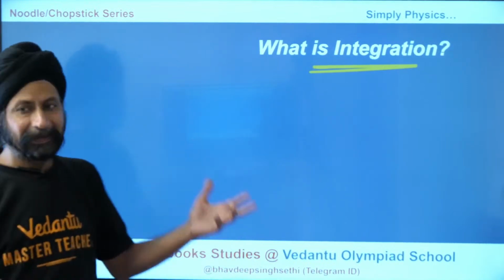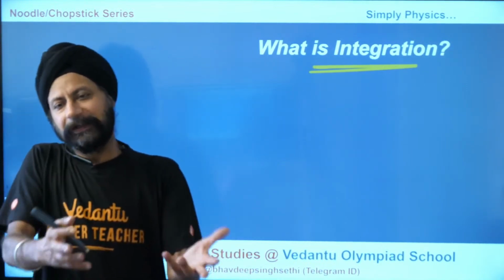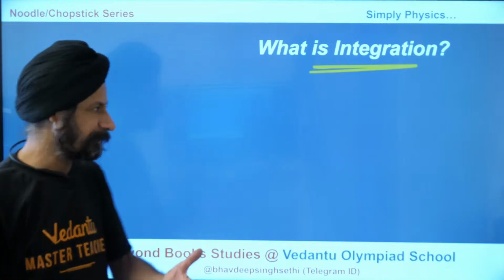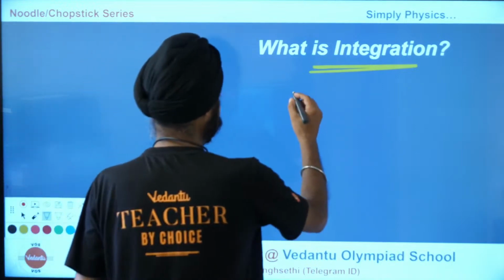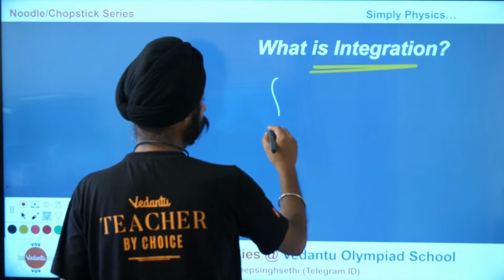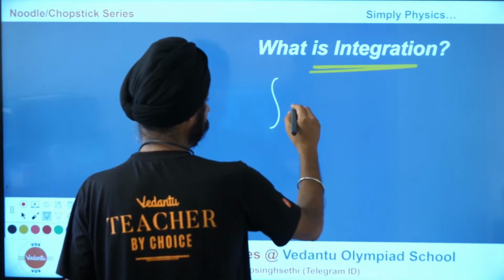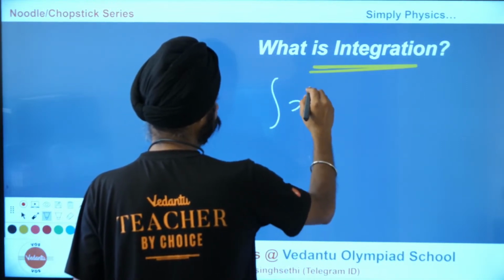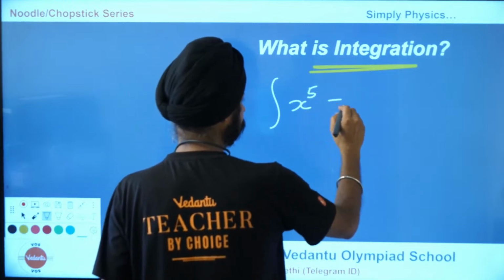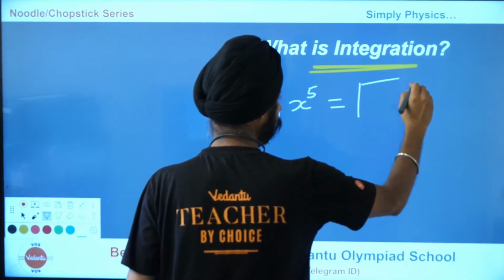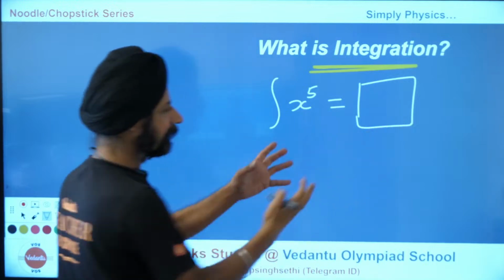Similarly, what is integration? Integration is the inverse operation of differentiation, obviously, because let's say what is the integration of x to the power 5? I don't know what that is. So I'll say, okay, something has to be put in this box. And what is that something?